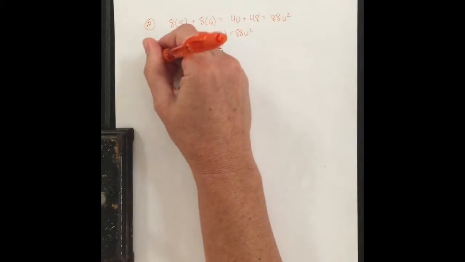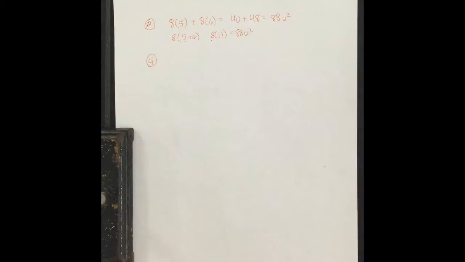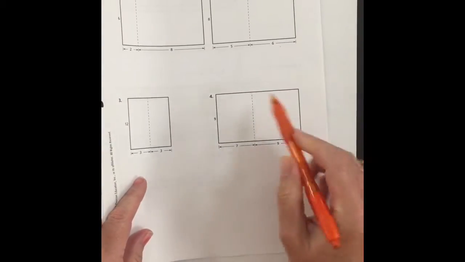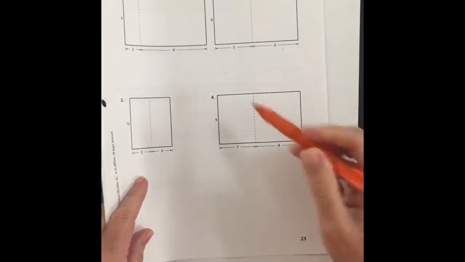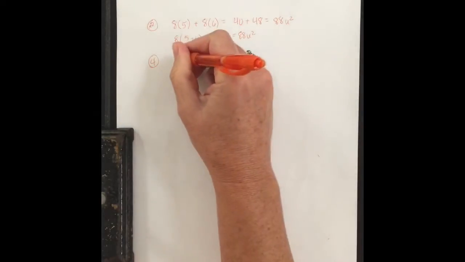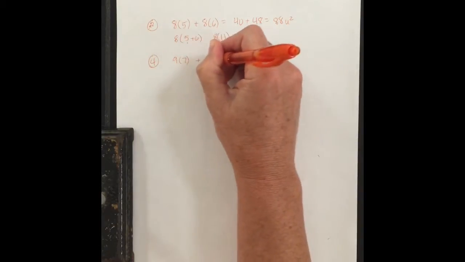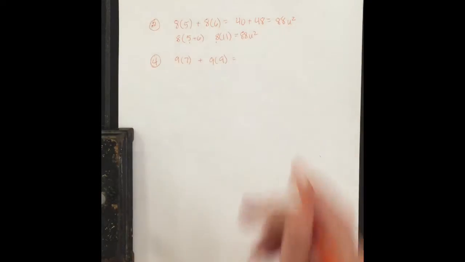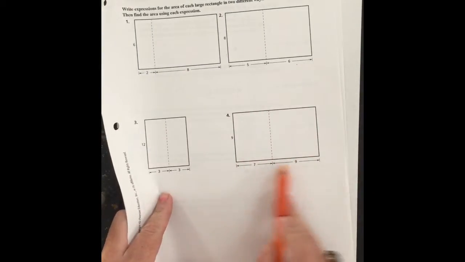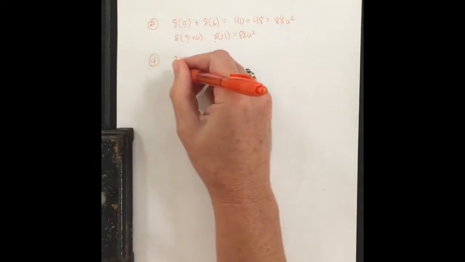Number 4, we're going to do the same thing. Look at it as 2 small rectangles and then 1 large rectangle. So for the small ones, I have 9 times 7 and 9 times 9. If I look at it as a large one, I have 9, and this one is 9 plus 7 for the length.